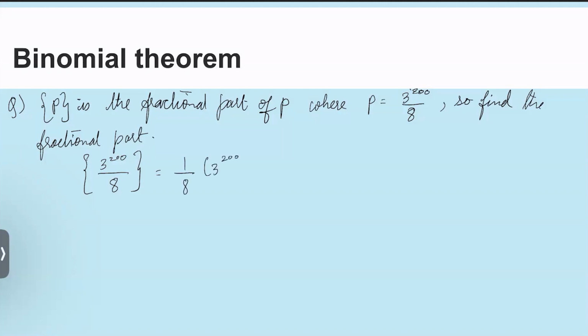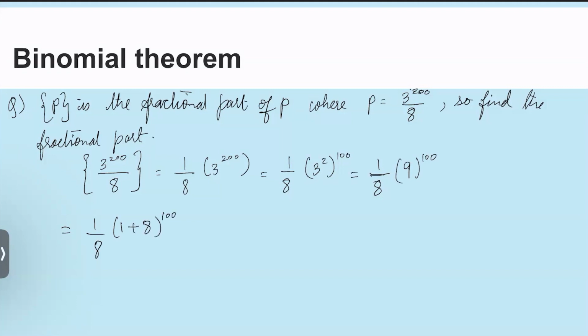Okay, so this you can write as 1 by 8 times 3 raised to 200. So this will then become 1 by 8, 3 squared raised to 100. This will be then 1 by 8, 9 raised to 100. So then that can be written as 1 by 8, (1 plus 8) raised to 100.